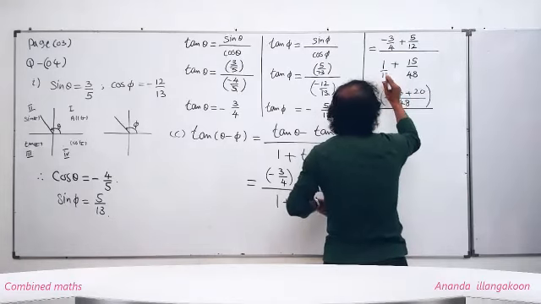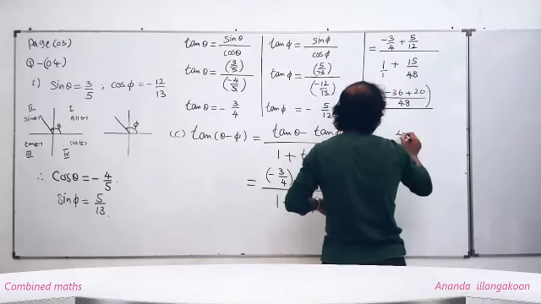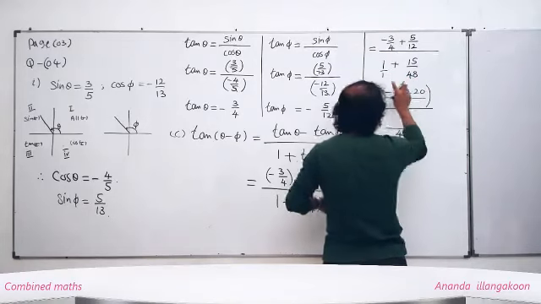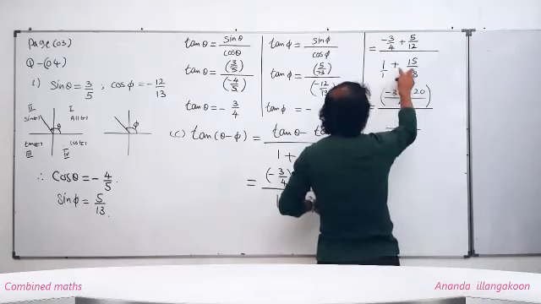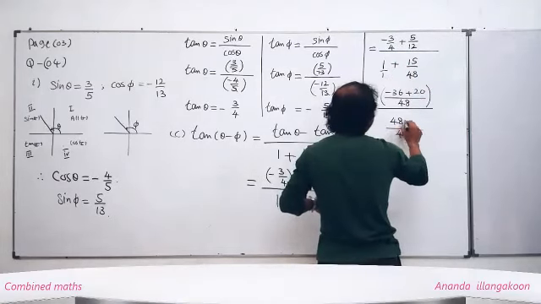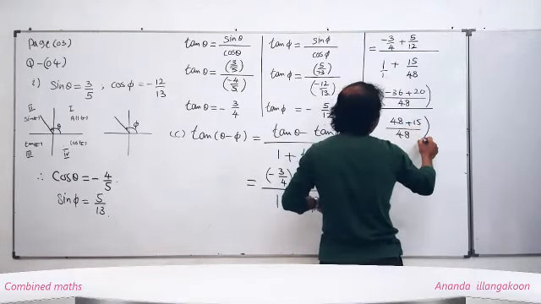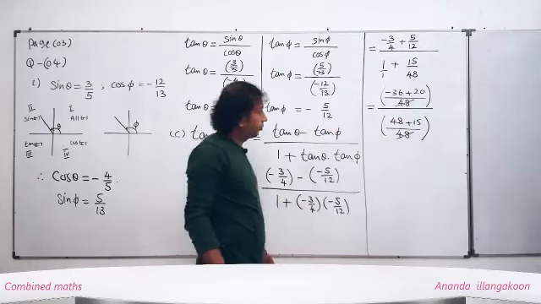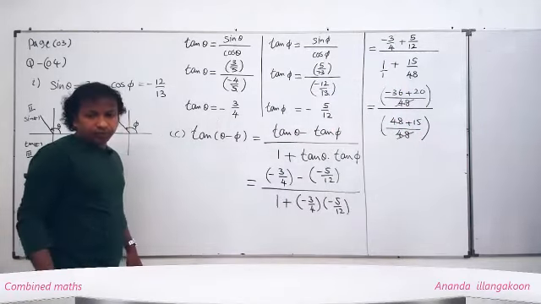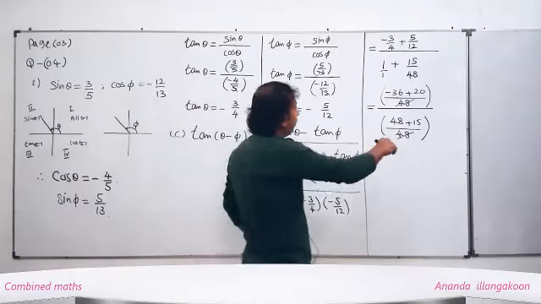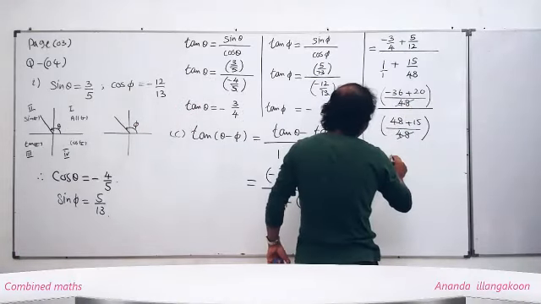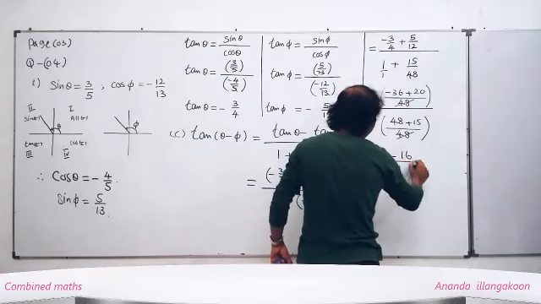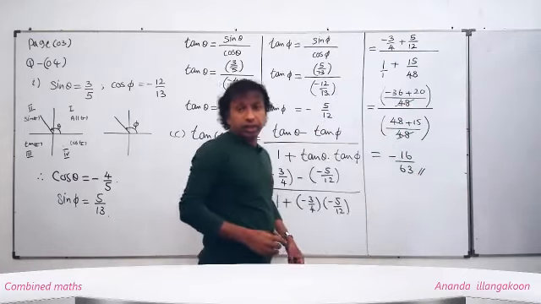And here we have 1, no? Then we take the common denominator as 48. This 1 we multiply by 48, plus 15. Now this and this we can easily cancel down. Right. Now you can simplify this. Minus 36 plus 20 is minus 16, divided by 63. Now this is how we get that answer.